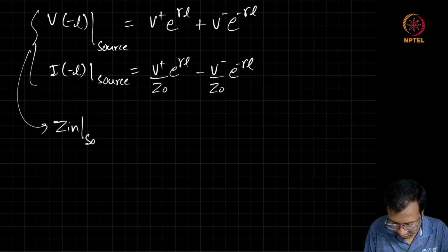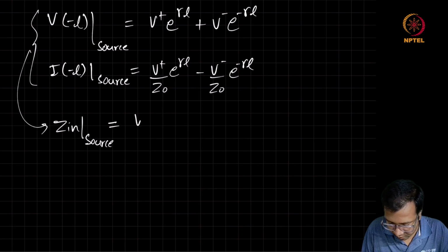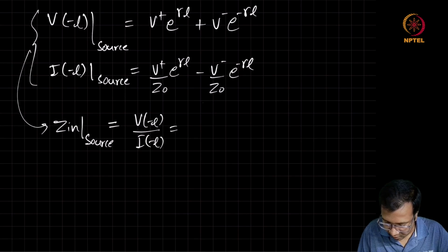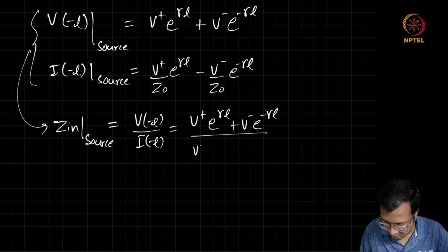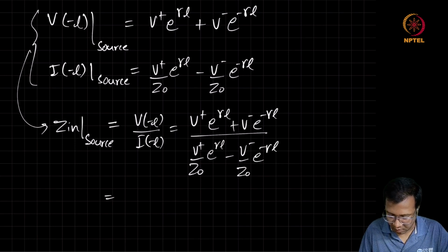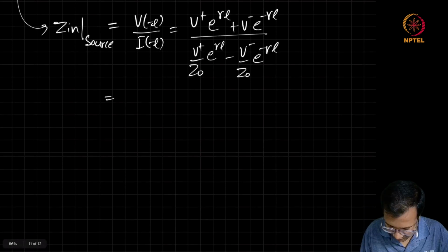Zin is equal to V at minus L divided by I at minus L, which is V plus e to the power gamma L plus V minus e to the power minus gamma L divided by V plus by Z0 e to the power gamma L minus V minus by Z0 e to the power minus gamma L. And we can simplify this expression by taking V plus e to the power gamma L as common.